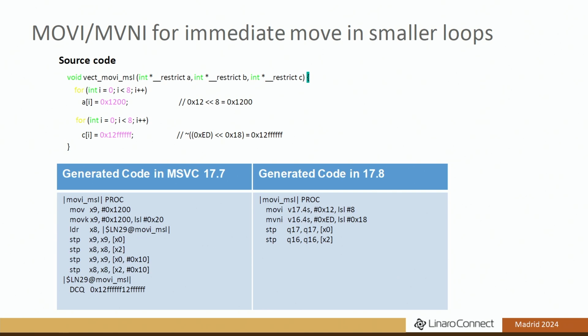As you can see here, on the left-hand side, this is before the optimization, and on the right-hand side, the code size is cut in half. I think the runtime is also better because the load instruction, which is the third one on the left-hand side, usually takes more cycles to run. So yeah, the code size is better and the runtime is better.